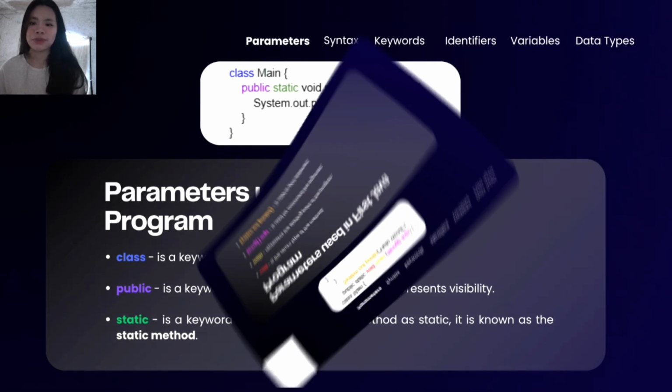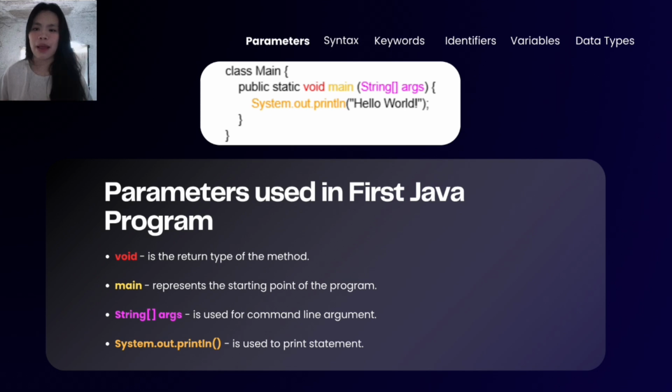creating an object. So here are the last four parameters: void, main, String args, and System.out.println. In the example above, we can see the use of those four parameters. The keyword void means that the method does not return any value after it finishes running. Next is the word main, which represents the starting point of every Java program.